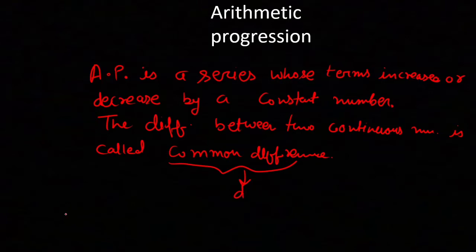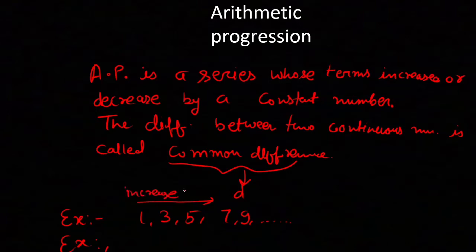For example, take the series 1, 3, 5, 7, 9, and that's it. This is an increasing arithmetic progression, increasing by 2. We can also take 1, -1, -3, -5, -7.